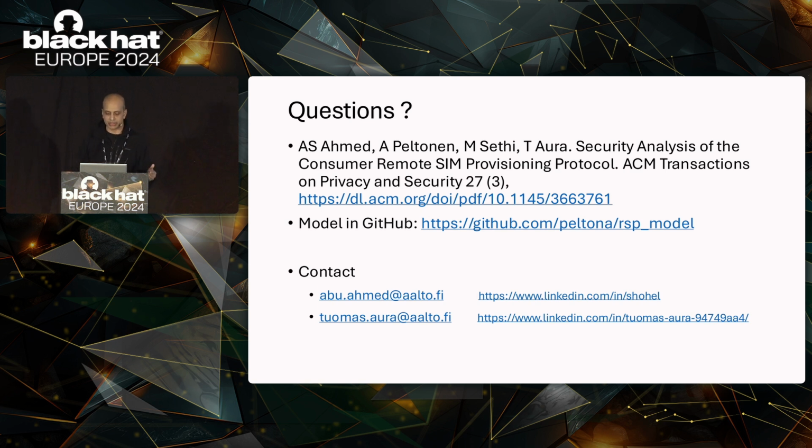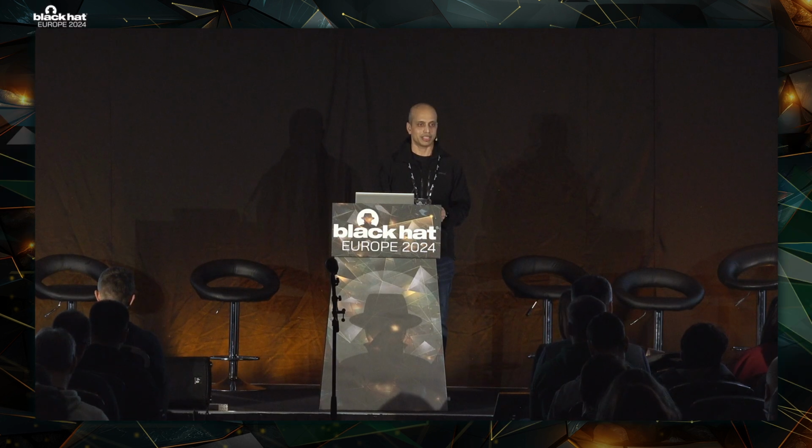We are also releasing the model that we used for identifying and detecting these weaknesses in the RSP protocol. This can also be utilized for other cases by modifying it, so it could be a great tool for researchers who are looking to use it. And with this in mind, we have around 1 minute left. We can take probably 1 or 2 questions here, if there are any.